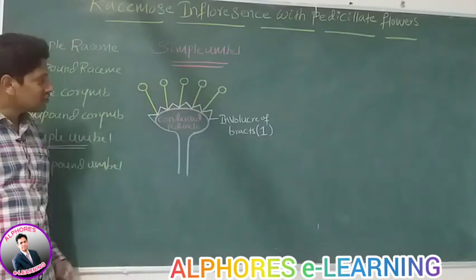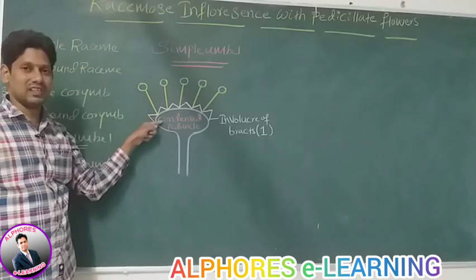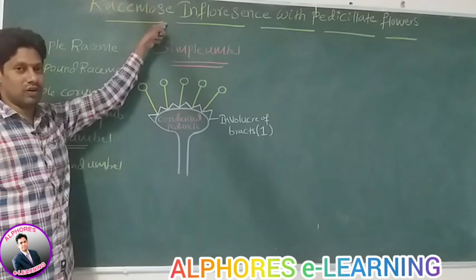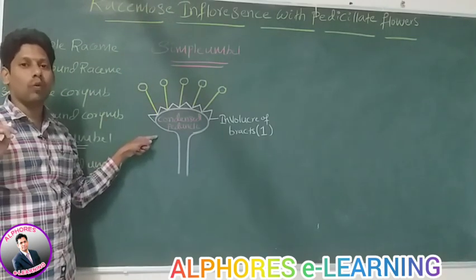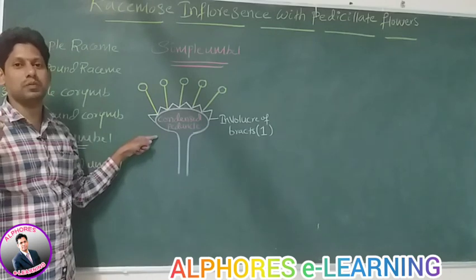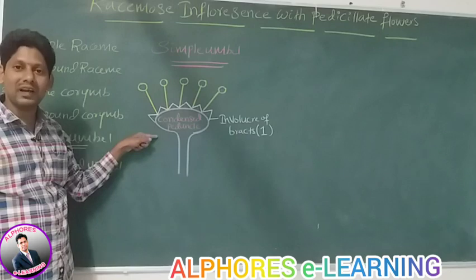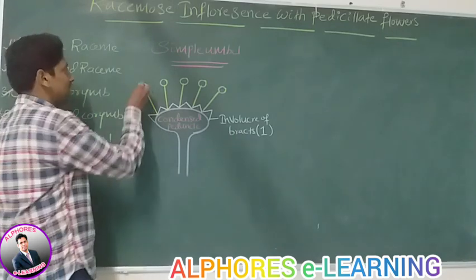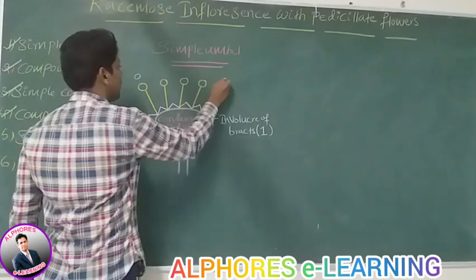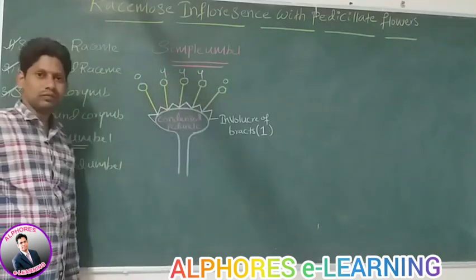Now see, in racemose inflorescence, if the peduncle is condensed, arrangement of flowers and opening of flowers become centripetal. Why? Because the peripheral flowers are older flowers, whereas the central flowers are younger flowers.